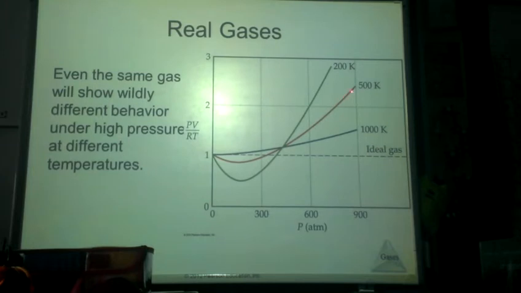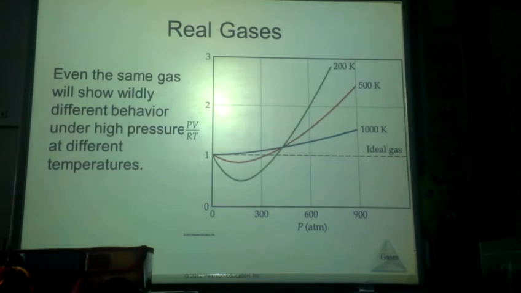As I increase the temperature of the same gas, there's not too much of a difference, but it's deviating less from an ideal gas. As I increase the temperature even more, then I'm really close to getting to that ideal gas situation. So what are the deviations for real gases?